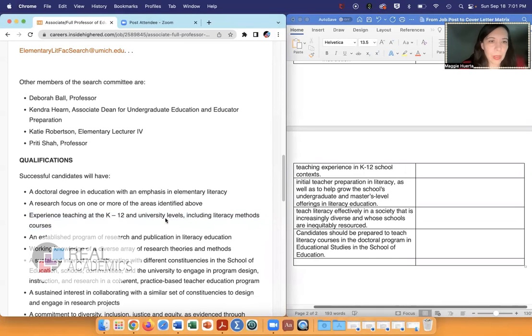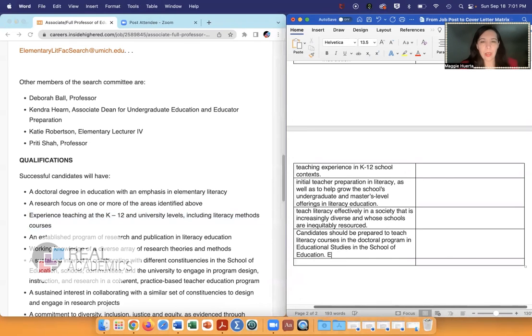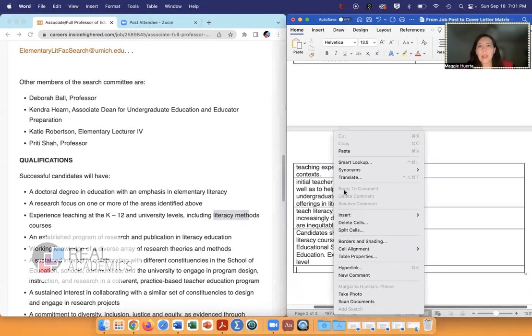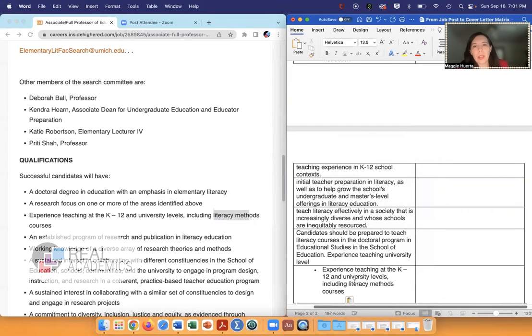So maybe I'll put experience teaching university level. And then here it says literacy method courses. So even if I haven't taught straight-out literacy, I can talk about all the biliteracy courses I've taught. Okay.